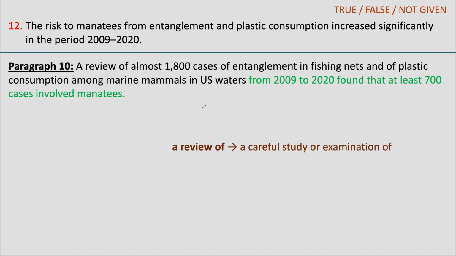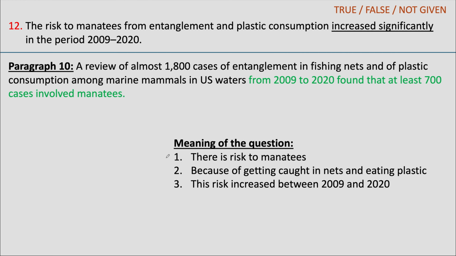The paragraph says there was a study of 1800 cases. The study was about entanglement and plastic consumption. Out of these, 700 cases were of manatees. This shows there was a risk during this time. The risk was because of entanglement and plastic consumption.